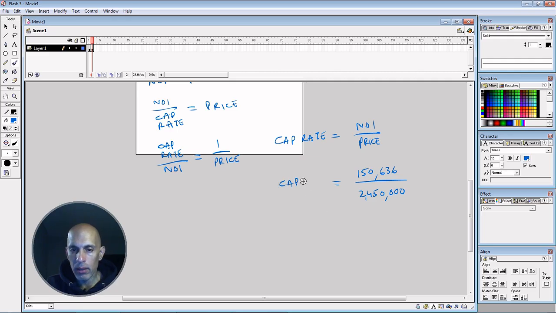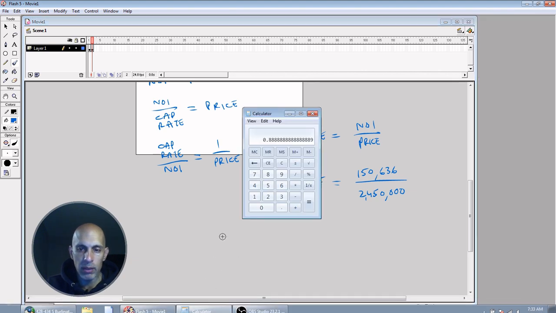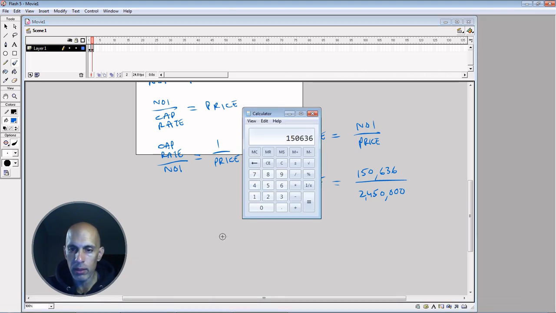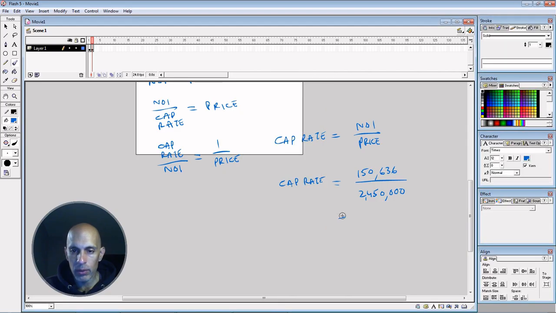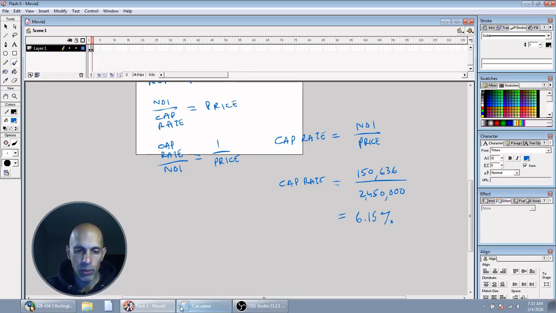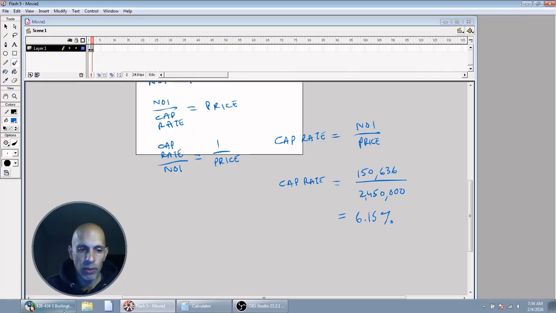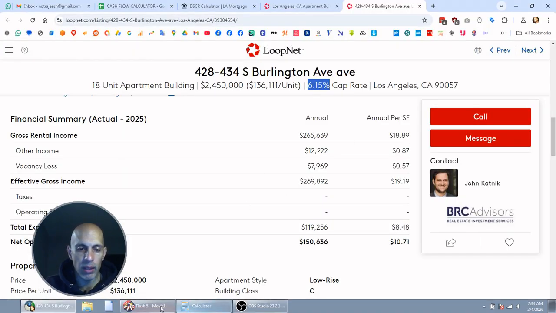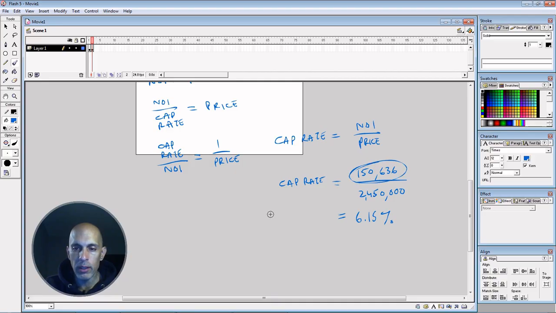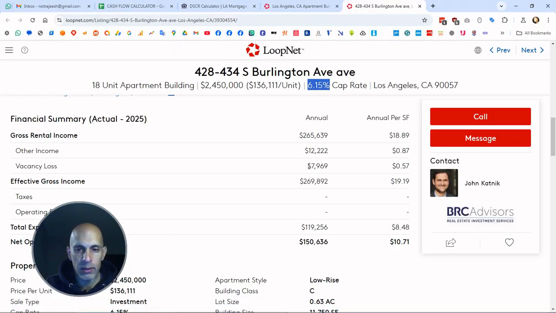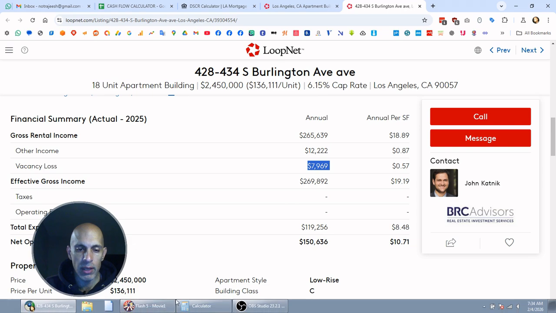Cap rate, and let's see what happens here. 150,636 divided by 245,123 is equal to 6.15%, 6.148% to be exact, but 6.15%, which is what they have here. Now we're going to deduct this vacancy loss right here, 7,969.